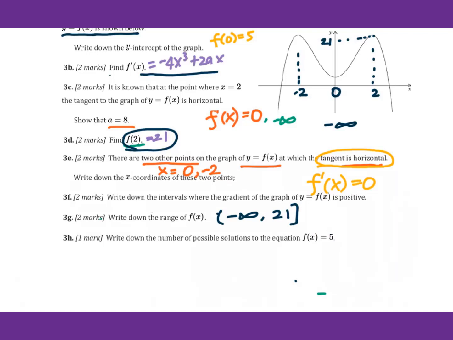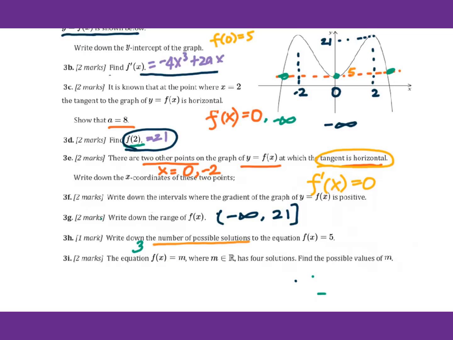For 3H, write down the number of possible solutions to the equation f of x equals 5. This point is 5. Therefore, we draw the horizontal line. The intersection means the number of possible solutions. So we have 1, 2, 3. The answer will be 3 possible solutions.